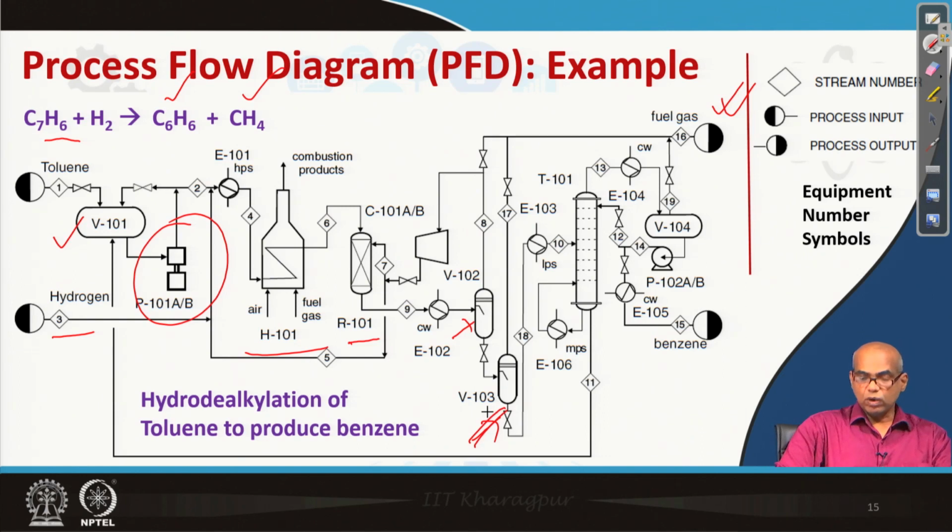The separator V103 takes the liquid stream, which is separated into benzene and toluene in the distillation column T101.